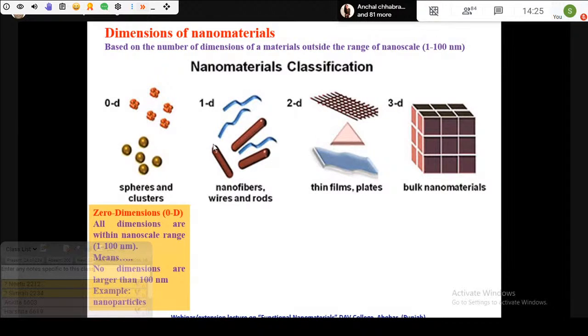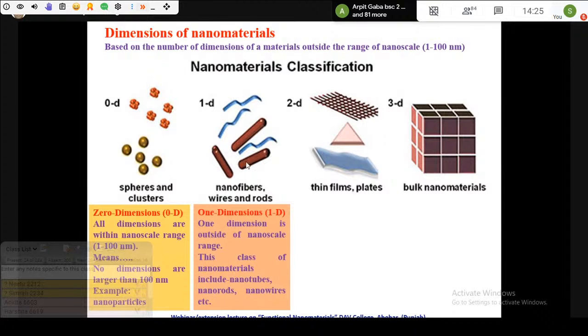So 0 dimensional, when all the dimensions, if you talk about x, y, z, are within this range. 1 dimensional, when any one of the dimensions is out of 1 to 100 nanometer, but still the 2 dimensions are in nanometer range.